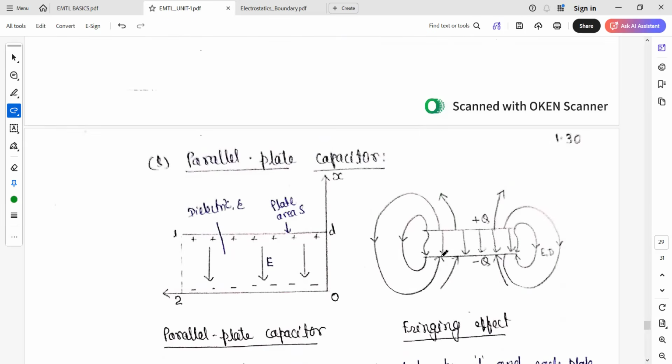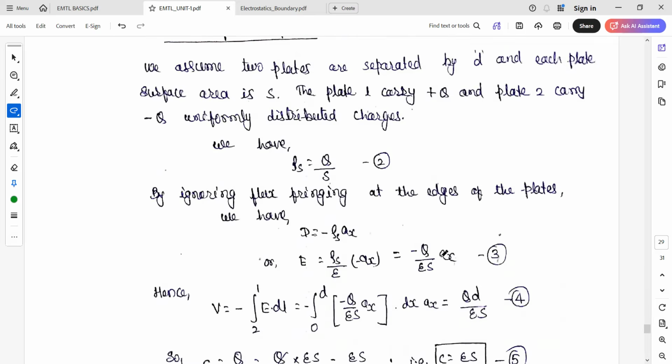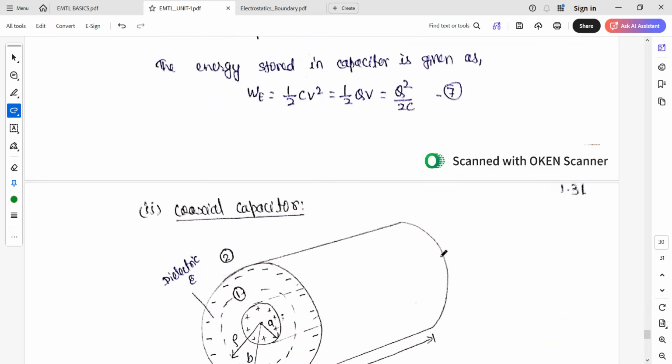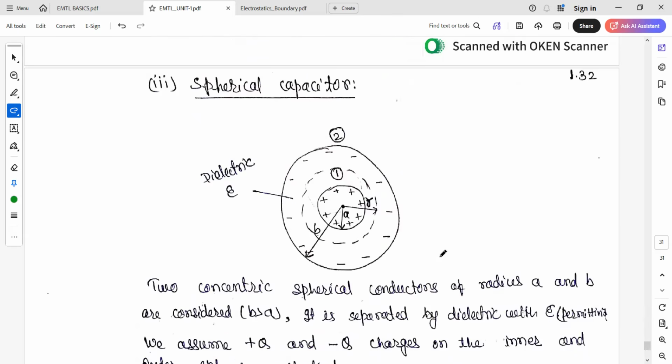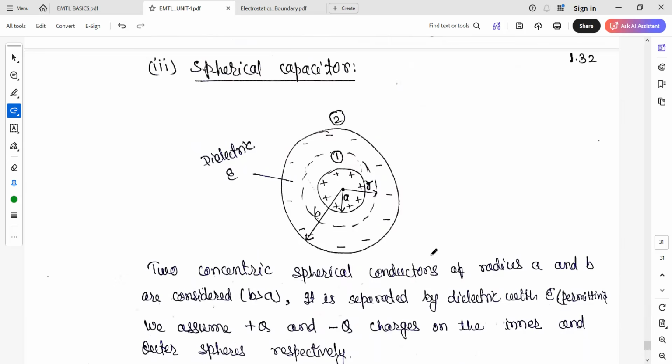In case of capacitance, we have three different situations: parallel plate, coaxial cable or cylindrical, and apart from these, the spherical capacitor, which is more important here.